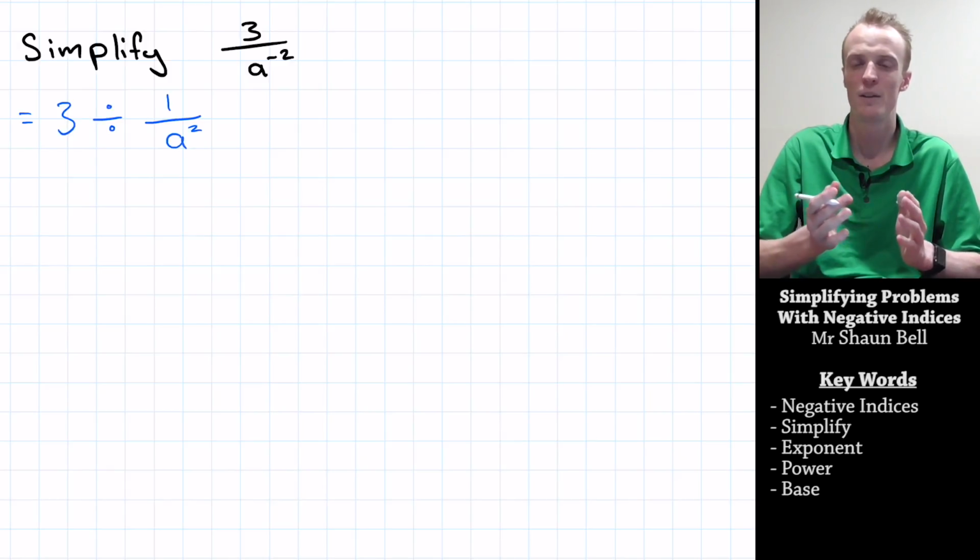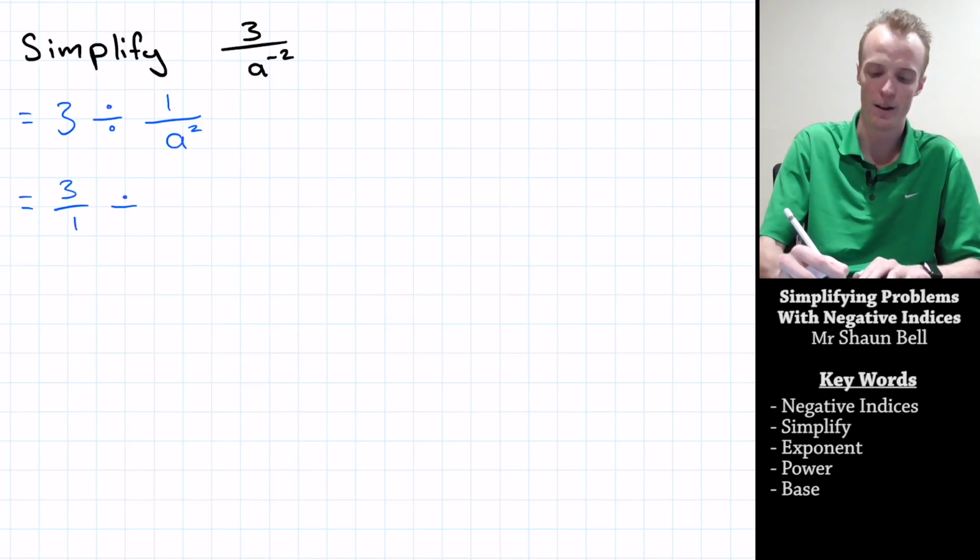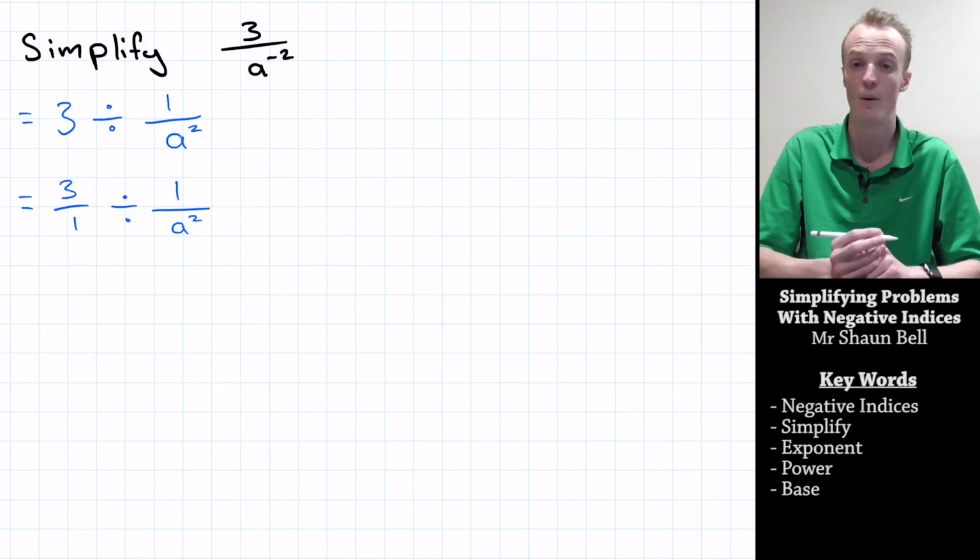But when we're multiplying or dividing by fractions, it's best to represent both terms as fractions. So this is equal to 3 over 1 divided by 1 over a to the 2nd power.